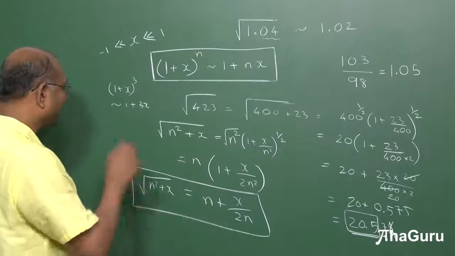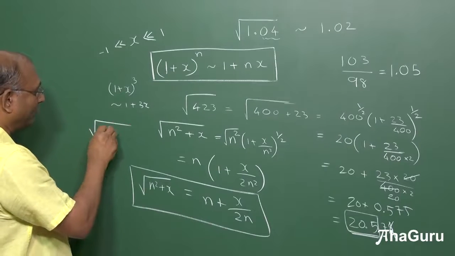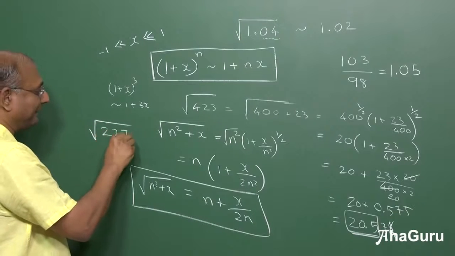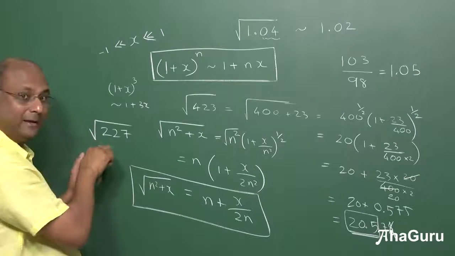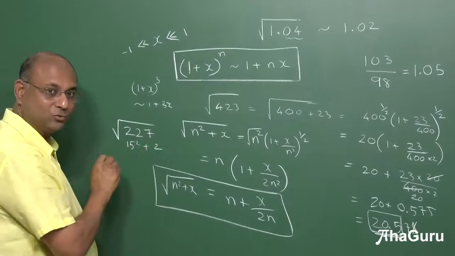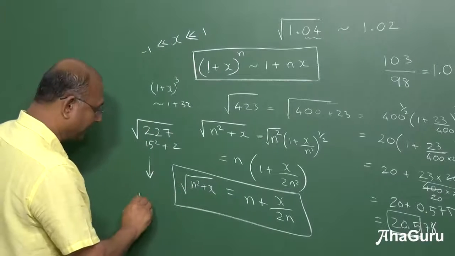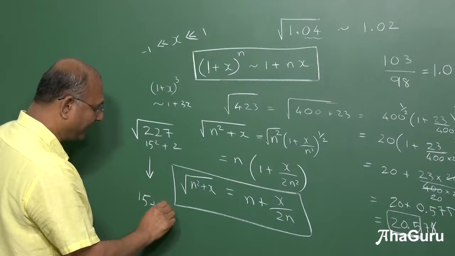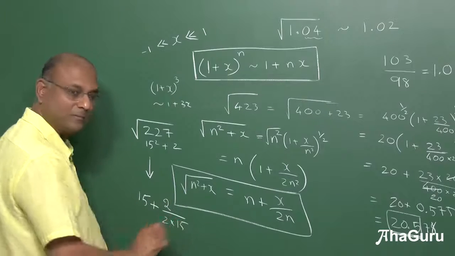So for example, if somebody asks you, hey, I want to find out what's the answer for root of 227. 227 is what? 225 plus 2. 225 is 15 square plus 2. So therefore, the answer straight away, you can directly say is 15 plus 2 divided by 2 times 15.